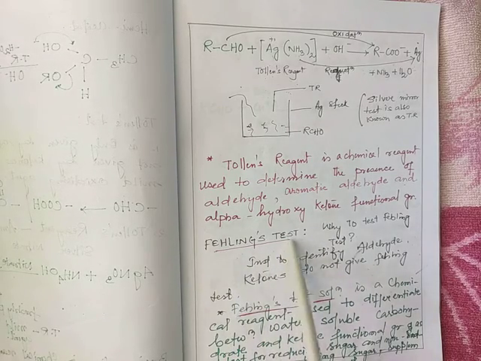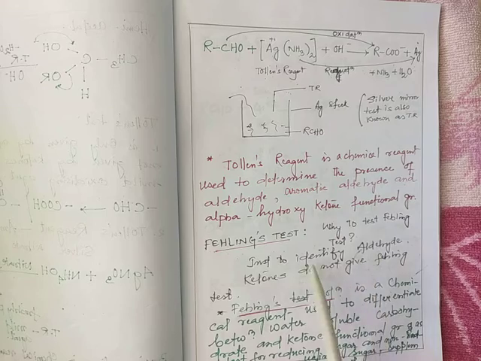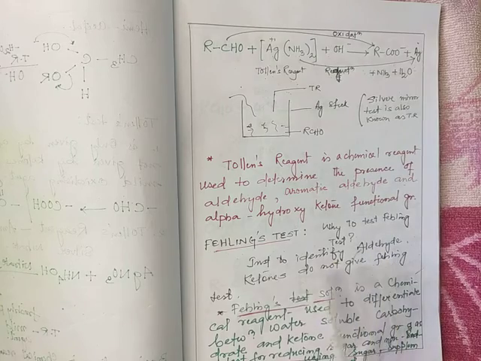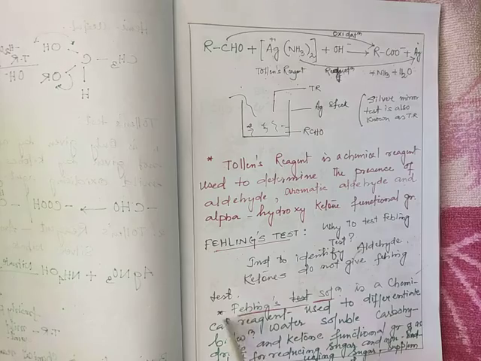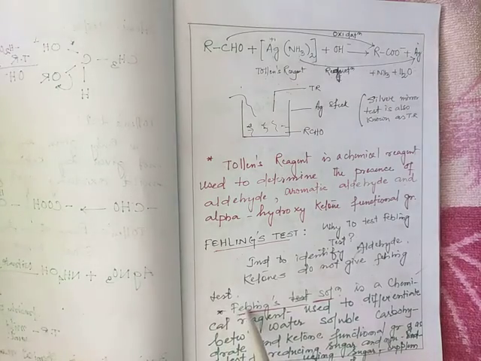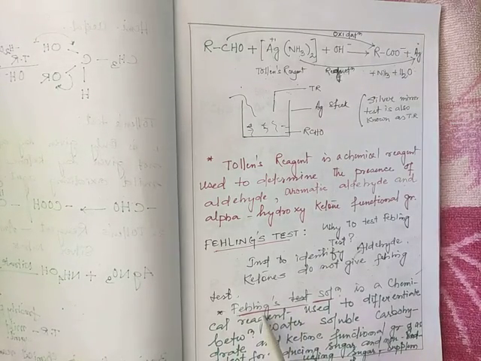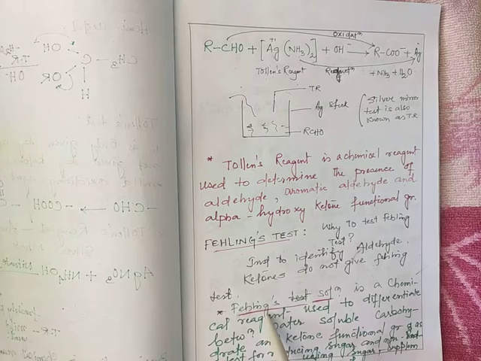Now Fehling's test: why are we using this Fehling's test? To identify the aldehydes, but ketones do not give Fehling's reagent. That means if we use this Fehling's solution with a ketone, the product will not be formed.